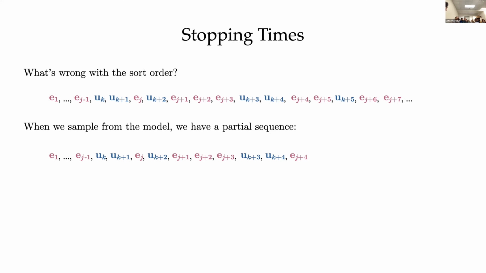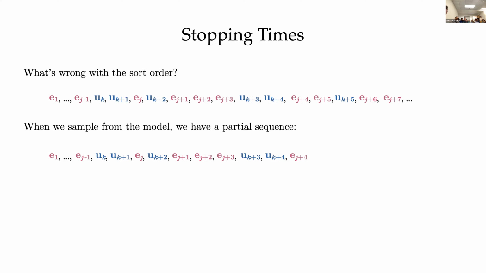The first question I have to ask is: is this next event in the sequence going to be E_{j+5}, whatever that value is, or is it going to be U_{k+5}, the next control, which I have in a bag waiting to be inserted into the sequence?